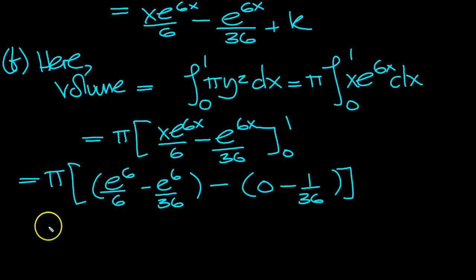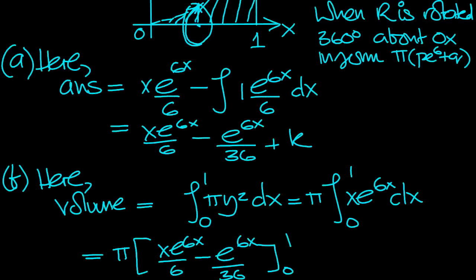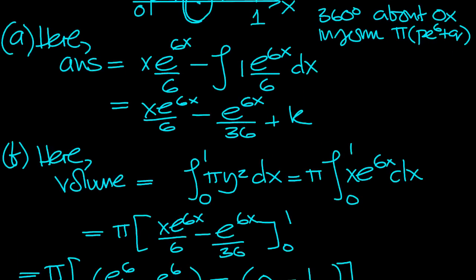So we end up with then pi, which is what we want. 6 over 36 minus 1 over 36 is 5 e to the 6 over 36 minus, is a plus, 1 over 36. That's what we wanted to show, wasn't it? P and Q, which are mentioned here in this form, which we've done.